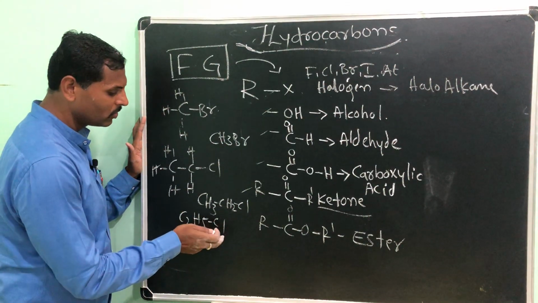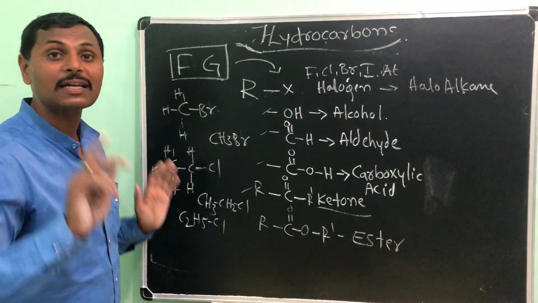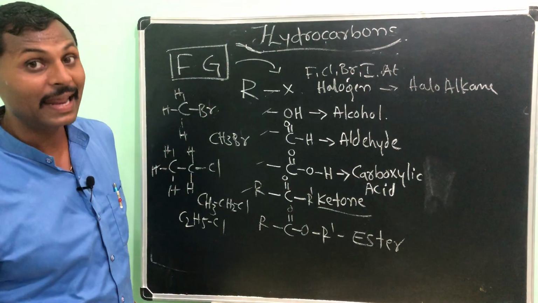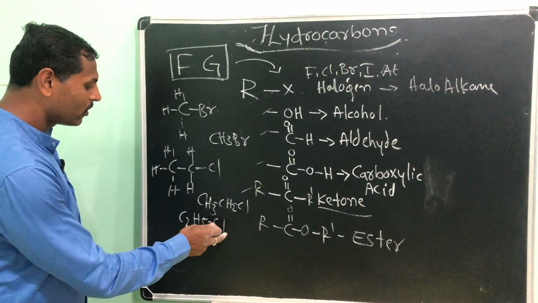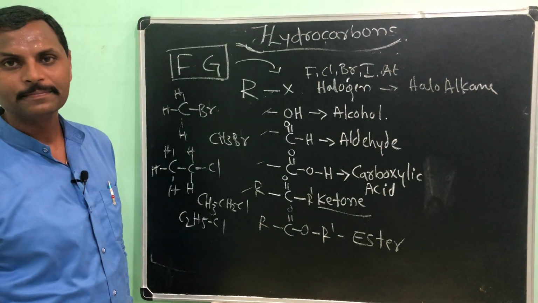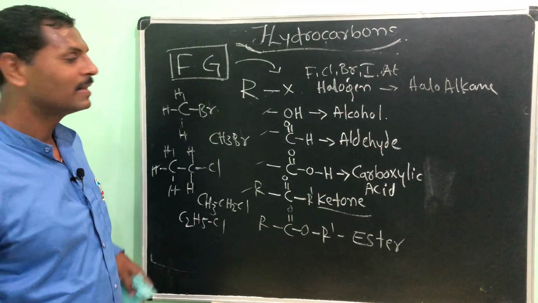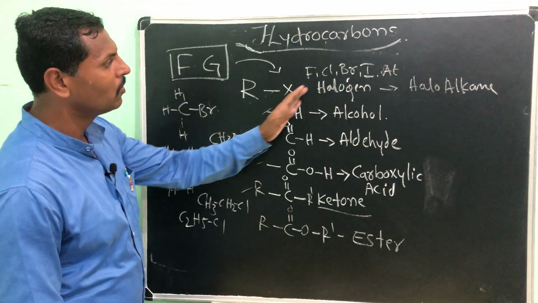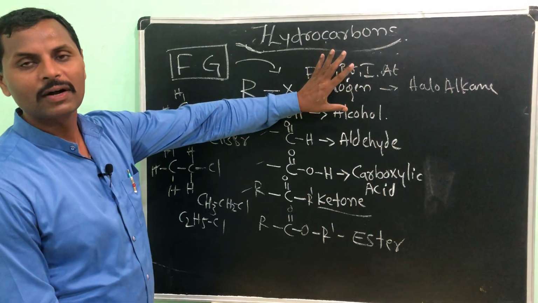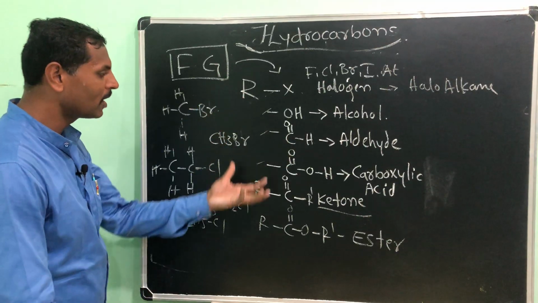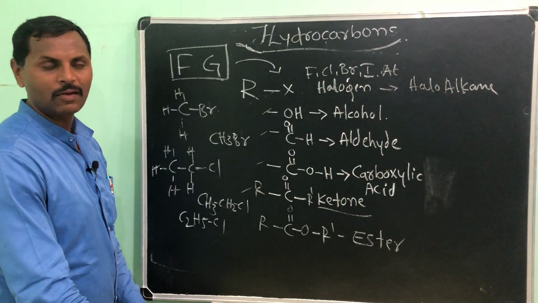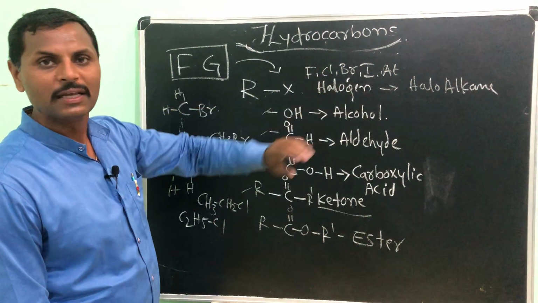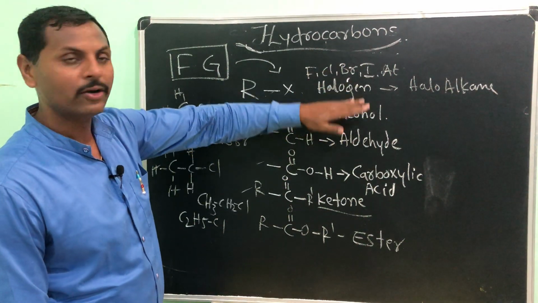The name is chloro. 2 carbons are there means what? Eth. Single bond is there means what? Ane, alkane, chloroethane. Like this, you can add so many functional groups to the hydrocarbons. Okay, in that one first we have seen, that is halogens. Halogens are fluorine, chlorine, bromine, iodine and astatine.